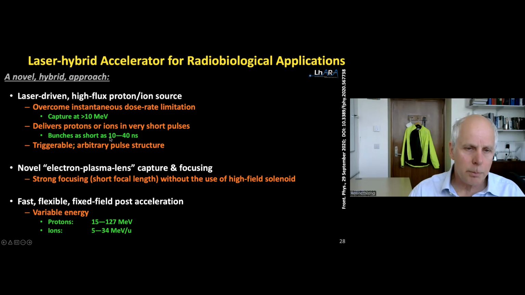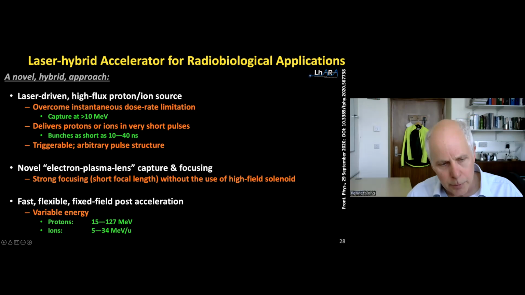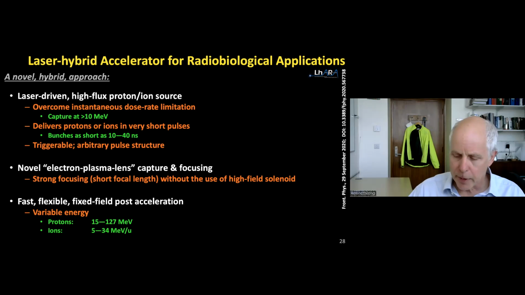We deliver very short pulses because of the time structure of the laser beam, and it's triggerable, as I tried to point out. The key feature of the plasma lens that we want to use is that it does not use a high field solenoid. And we want to be able to deliver variable energies of protons and ions without using a degrader, a solid degrader or a material degrader.